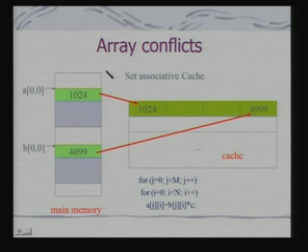Let us look at another example, this one of an array conflict. We have all studied set associative cache. Let us consider that I am dealing with two arrays A and B. The mapping I am showing here is that array A00 starts at location 1024, B00 starts at location 4099.